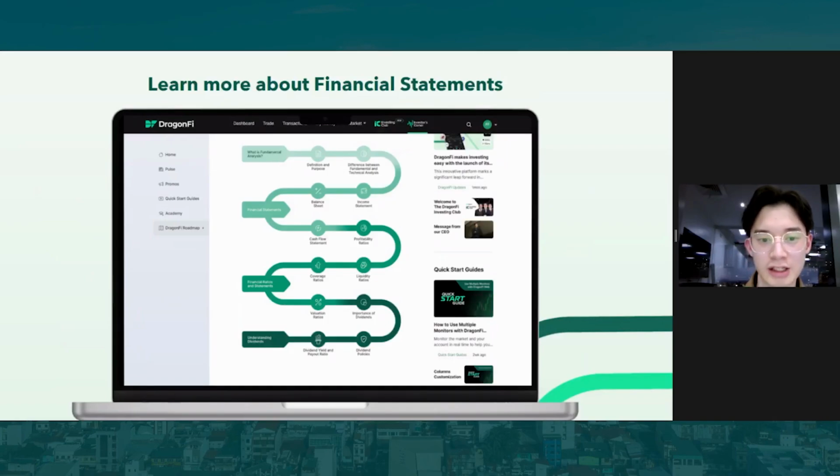For fundamental analysis, it will teach you what fundamental analysis is, its importance and difference, and how to analyze each of the key financial statements like the balance sheet, income statement, and cash flow statement. So everything you would need to know to get started, you can find in our Dragonfly roadmap.